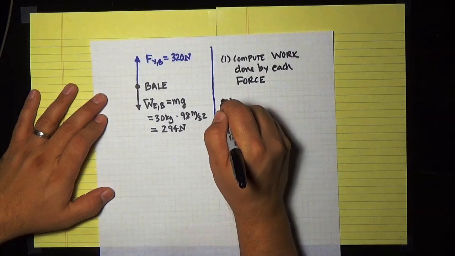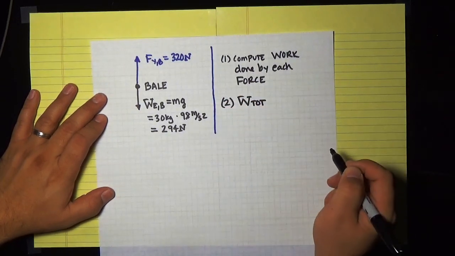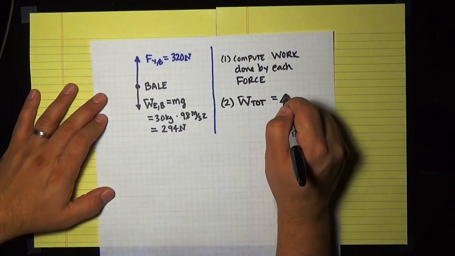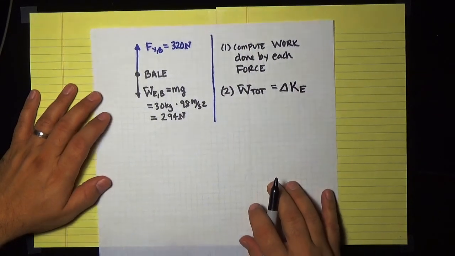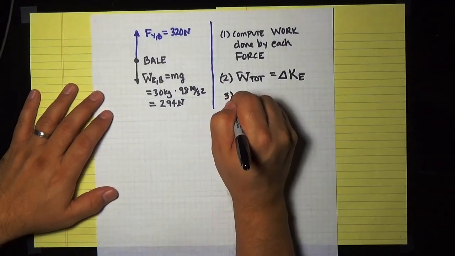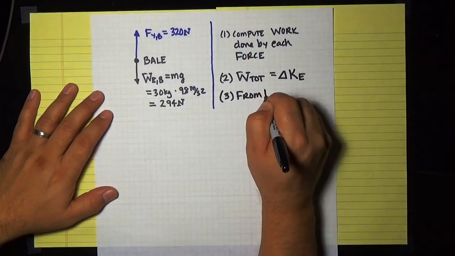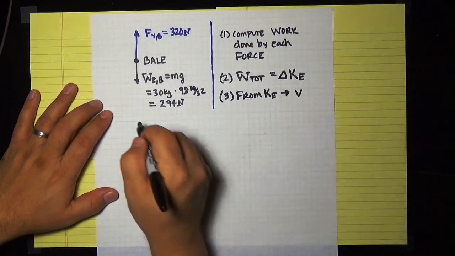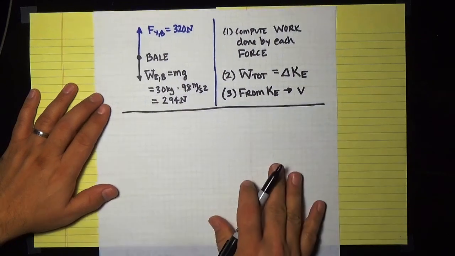And then we're going to remember that the total work done on a system, in this case the bale, is equal to the change in the kinetic energy of that system. And then from the kinetic energy, we'll find the speed v that we're asked to find. Okay, so that's the procedure.